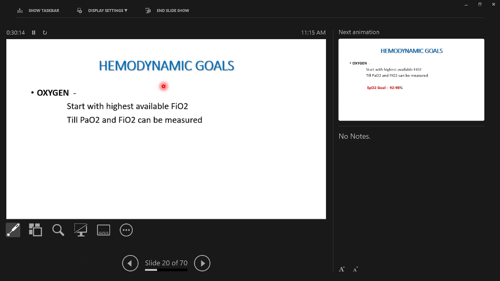Once we get the PaO2, or if we can monitor the SpO2 through pulse oximetry, then we can down-titrate the FiO2 to attain a target level of SpO2. The 2020 AHA guidelines recommend an SpO2 level of 92 to 98%. This has to be maintained.